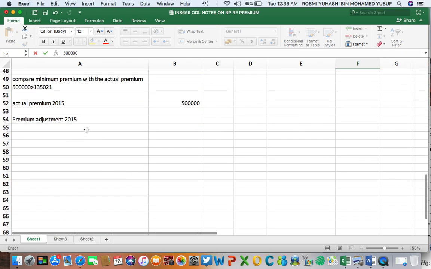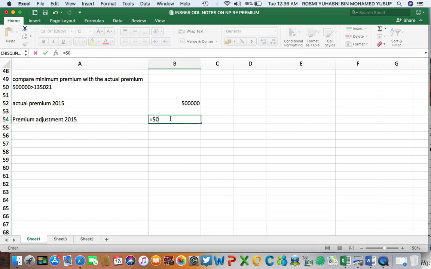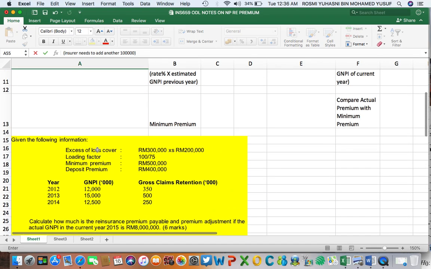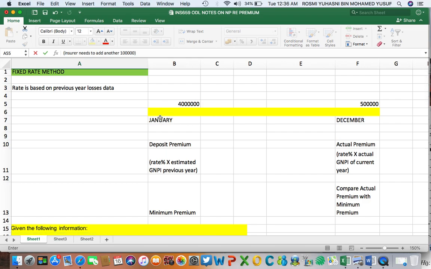So 500,000, which is the actual premium, minus the deposit premium that the insurer has paid at the beginning of the year, is equal to 100,000. So the insurer needs to add another 100,000 at the end of the year, because they have already paid 400,000 at the beginning of the year, and knowing that the actual premium is 500,000, they have to add another 100,000.